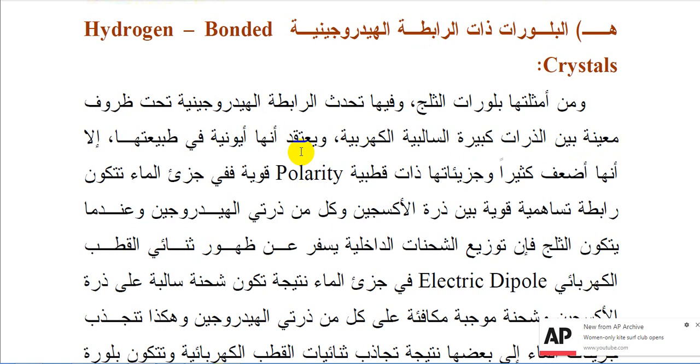It is presumed to be ionic in nature, but with strong polarity. In water molecules, the bond is formed between the oxygen atom and each of the hydrogen atoms when the ice is formed.